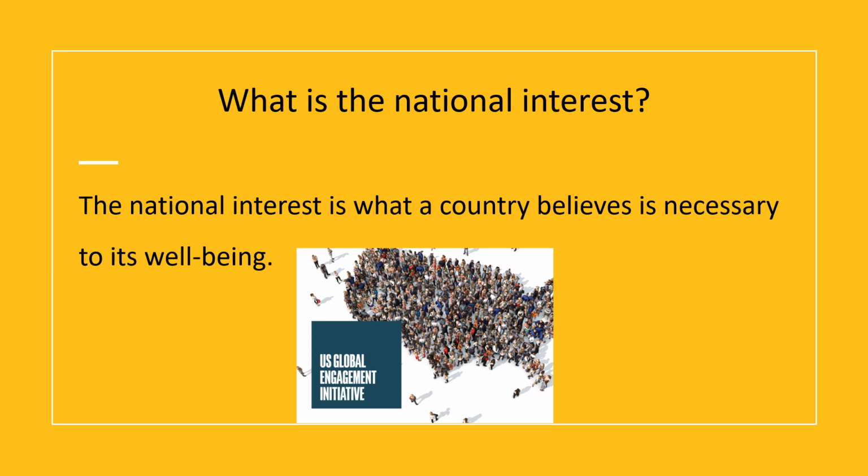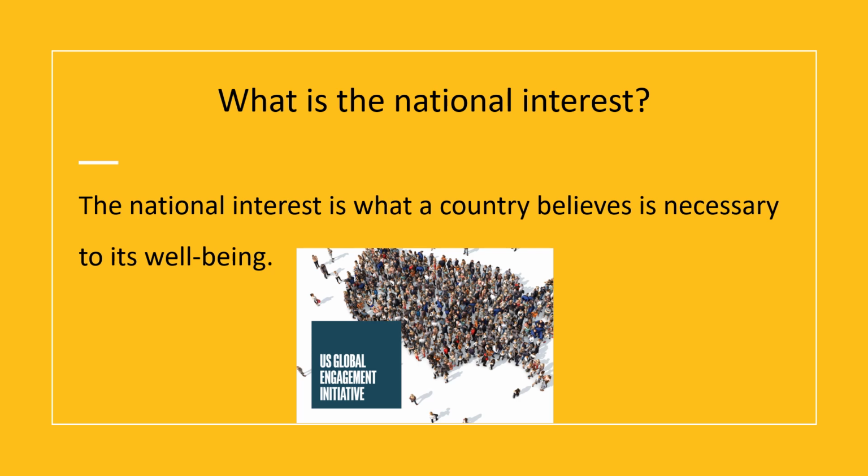The national interest is what a country believes is necessary to its well-being. Note the photograph or image on the screen. I found this image to be quite interesting because it speaks to various issues relating to the national interest in a way that causes us to think a little bit. Notice how the map of the United States is made up of people.